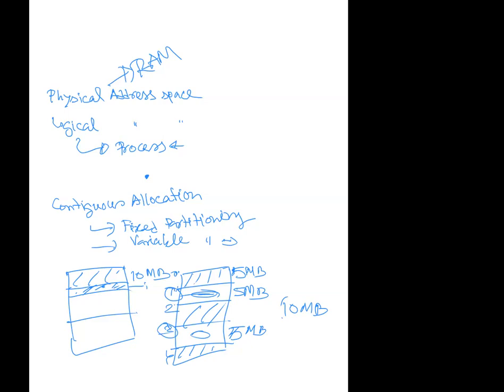You cannot put one portion of a process in one location and another portion in a different location, because that violates the condition for contiguous addressing. So this kind of hole is always going to be wasted. This is known as external fragmentation.